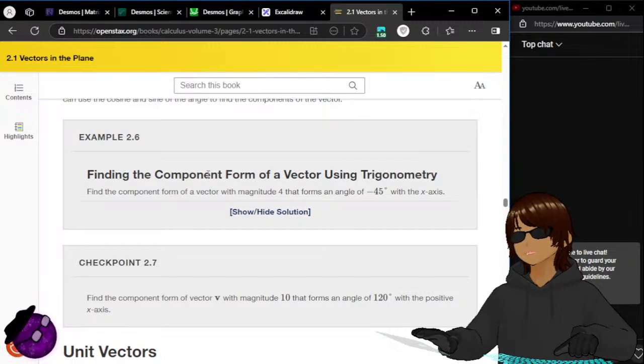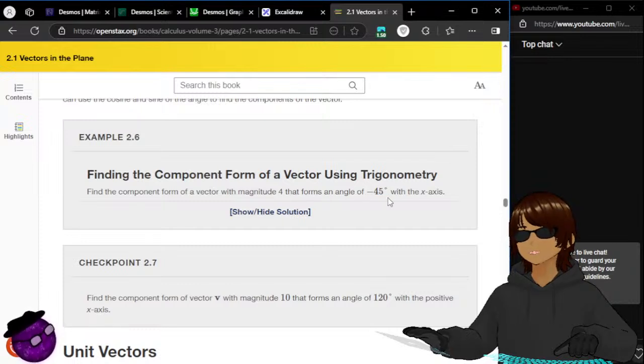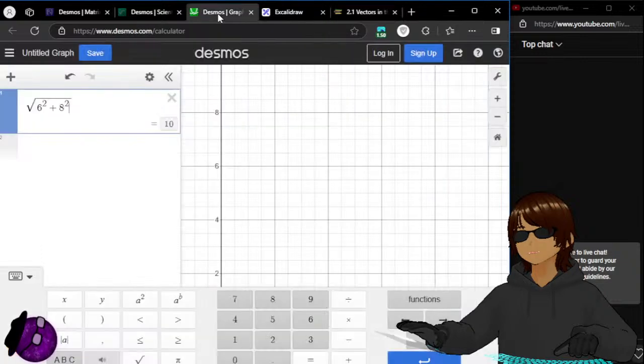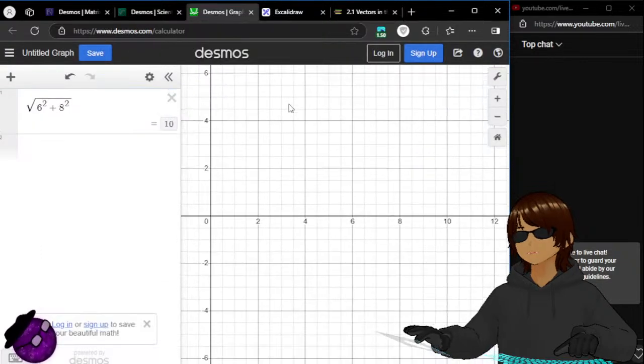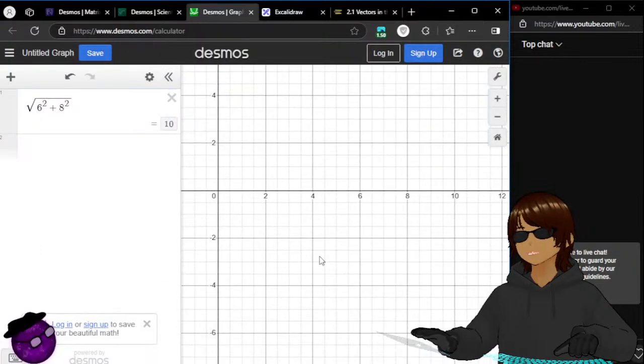Find the component form of a vector using trigonometry. Find the component form of a vector with magnitude 4 that forms an angle of minus 45 degrees with the x-axis. So minus 45 degrees here.